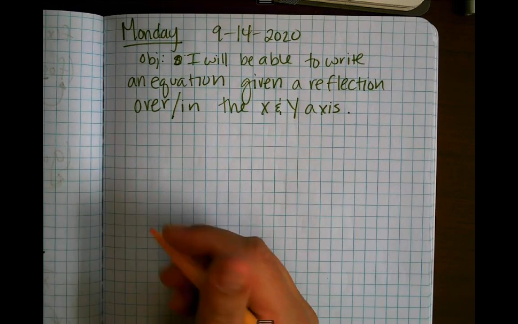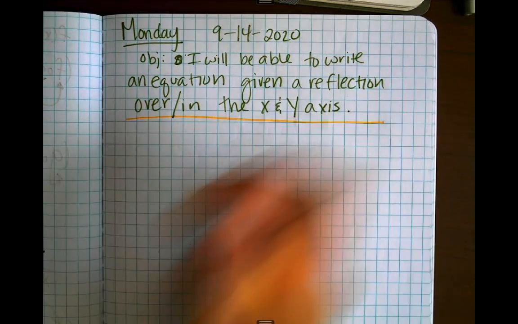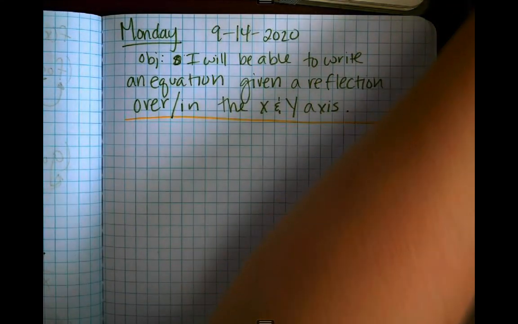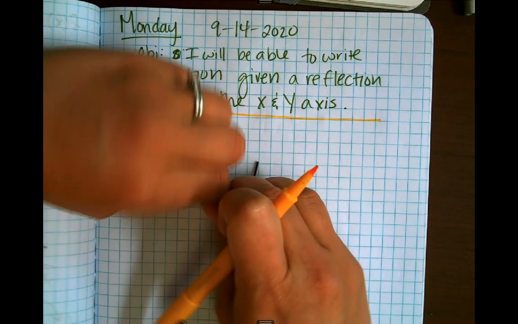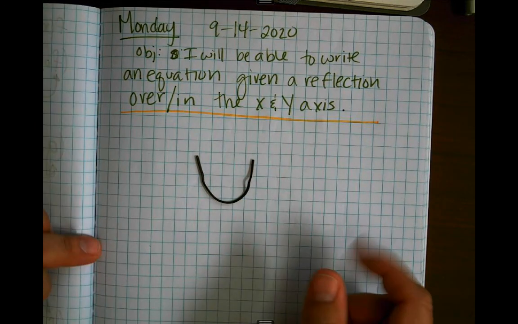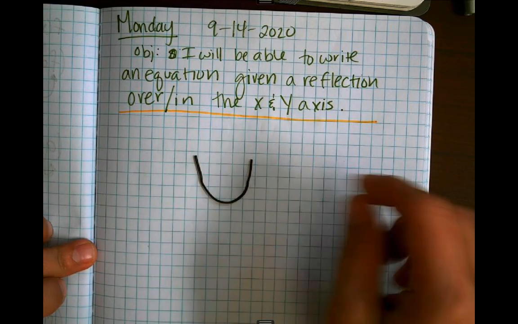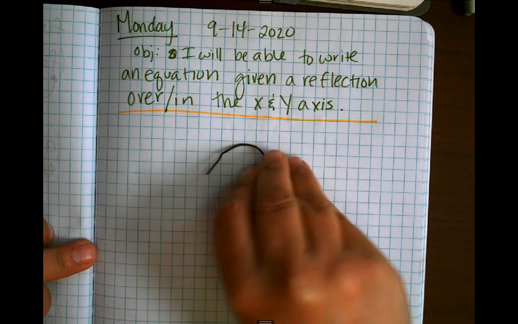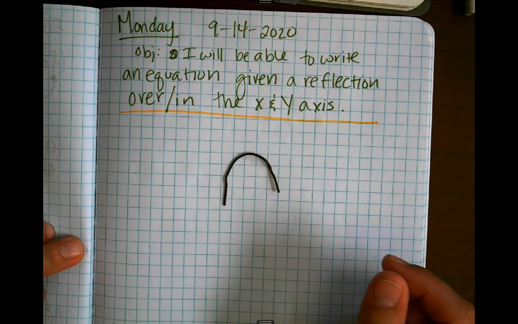So the rule about the reflections, okay, is first of all, a reflection is like a flip. So say this is my graph. Okay. Normally our quadratics point up, so these little ends point up and it makes a U. When it's reflection over the x-axis, it flips down like an N. Okay.